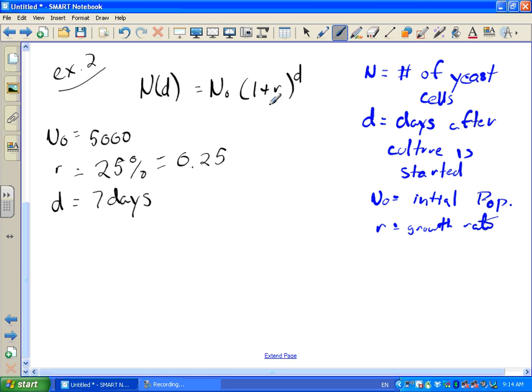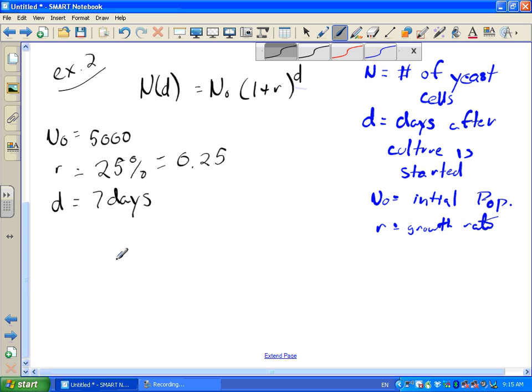So all this takes now is we just need to plug those values into our formula. Let's just quickly look. We have an initial value, a growth rate, and we have the number of days. We're going to be looking for the population at the end of a week.